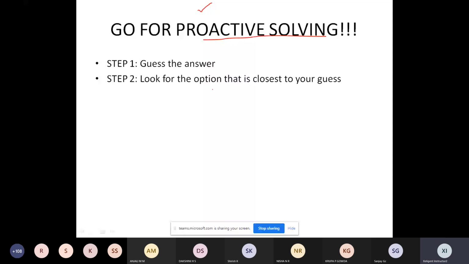That's why we have to guess the answer by ourselves and then go to the options, so that we could get some clarity and check whether the option is closest to the guess or not. Are you all understanding till this much? Is it clear?